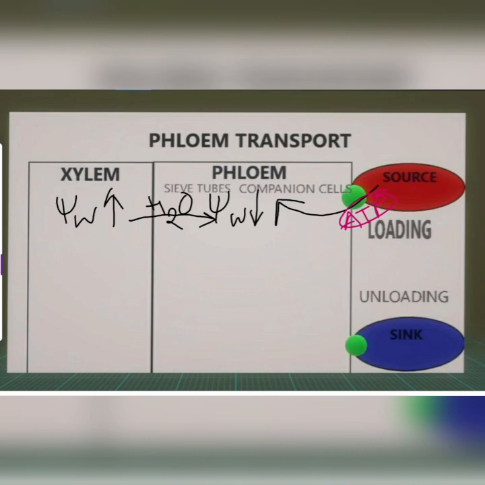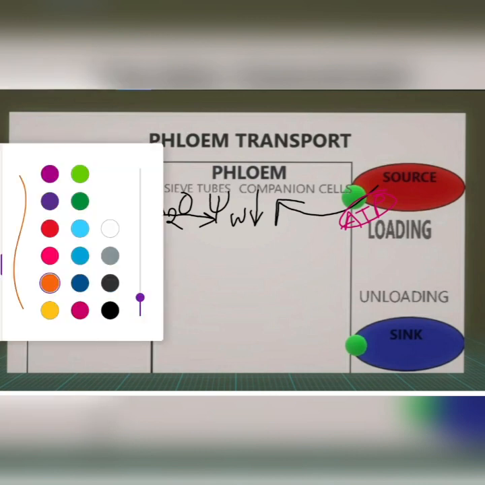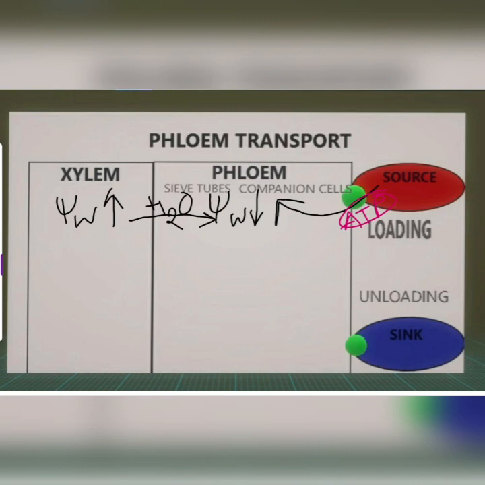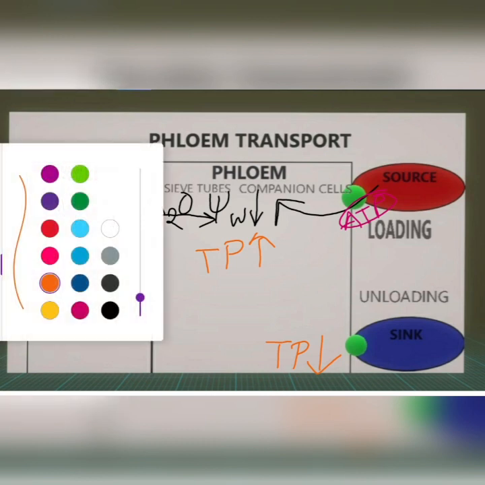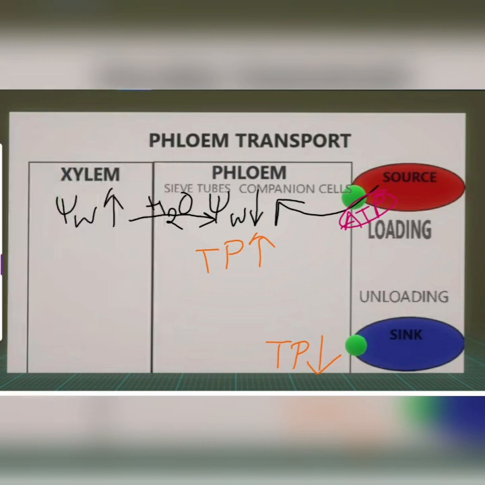Now, once the water has entered the phloem, we know that when water enters the cells, its turgor pressure increases. So turgor pressure near the source will increase, whereas the turgor pressure of the elements near the sink is low, and now the water will move according to the turgor pressure gradient with great pressure.